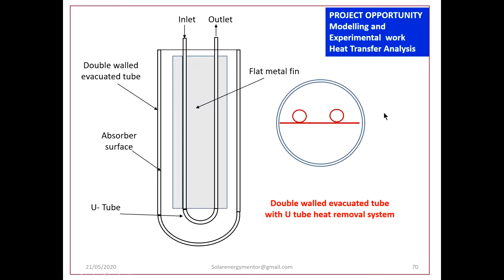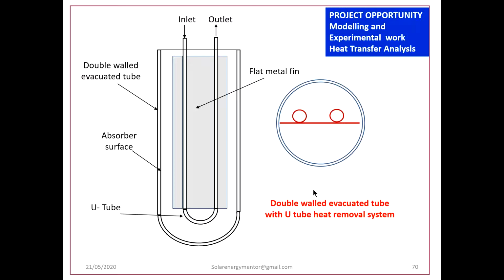Which are the projects? The first project is modeling of this type of system in a solar flat plate collector for process heating. Now you must be wondering what is the use of these type of collectors. As we already know, for flat plate collectors the maximum temperature attained may be 75 to 80 degrees Celsius.